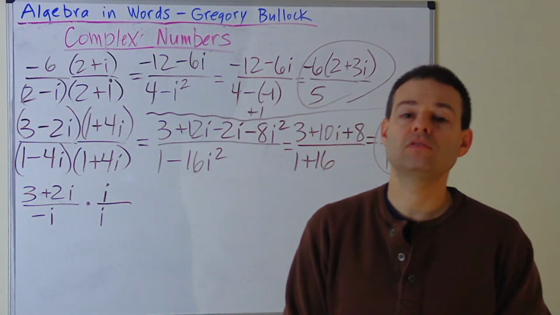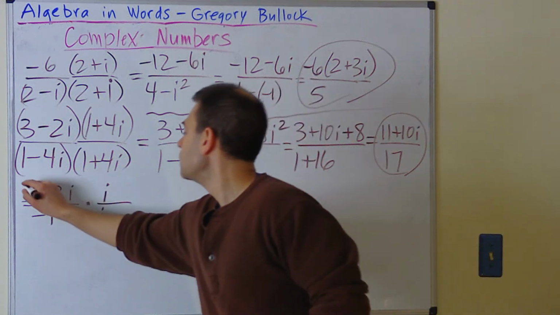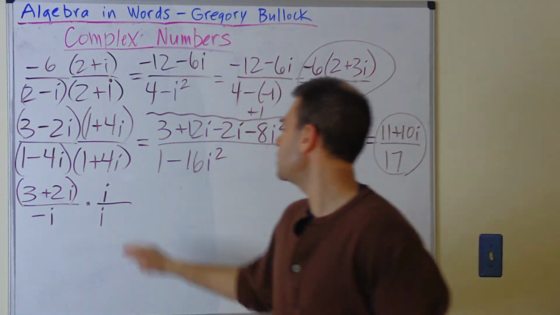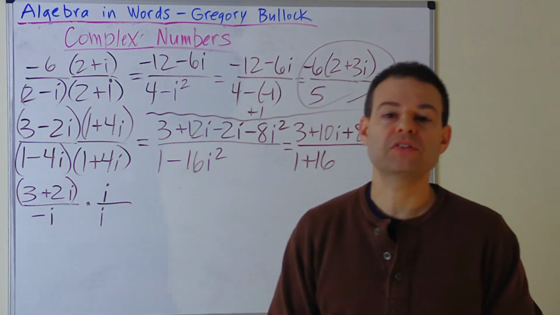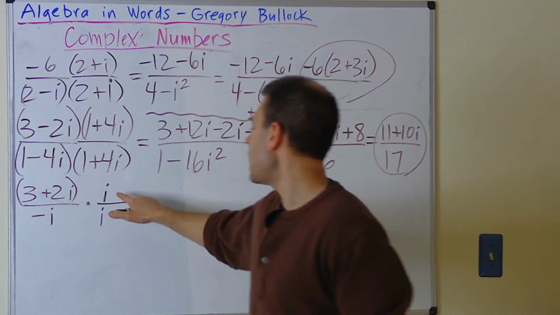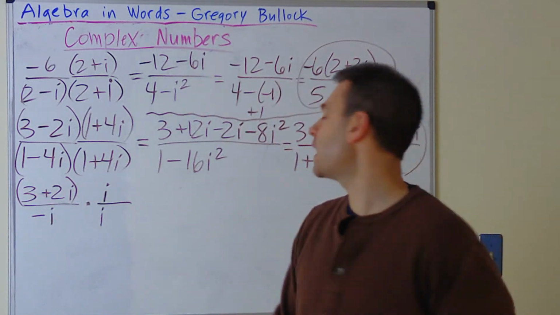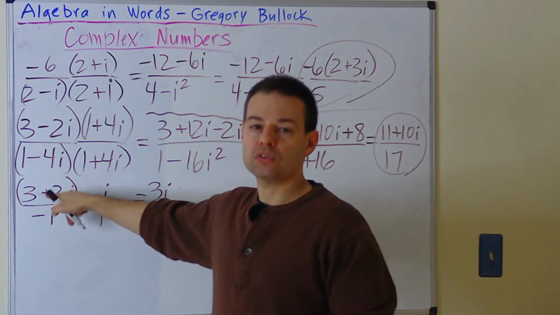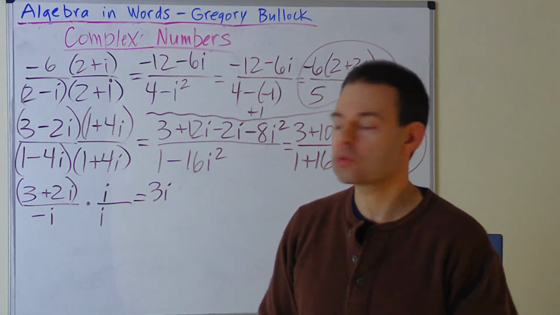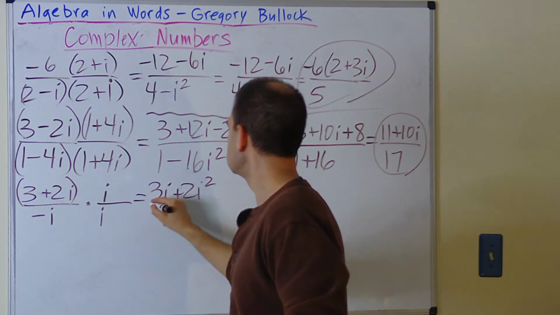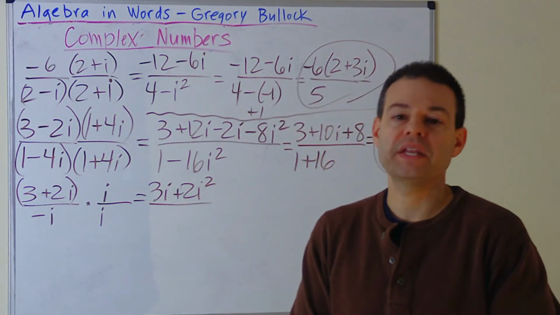So now all we have to do is multiply. Put the top in parentheses so we can distribute the i throughout the binomial complex number. i times 3 is 3i. And i times 2i is 2i squared. We'll simplify that in the next step.